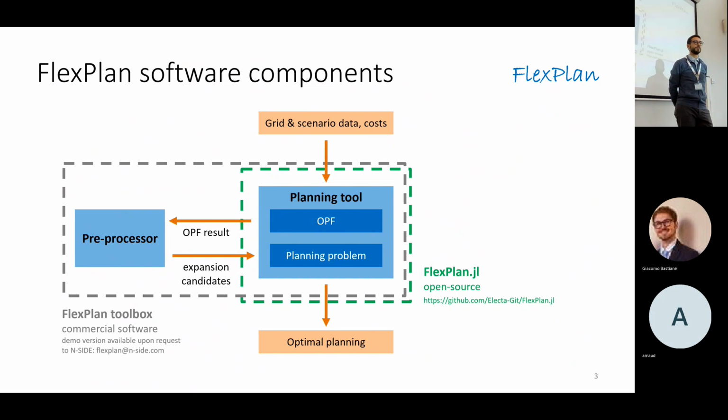The only element that is not relaxed, or only partially relaxed, is the storage. There is the possibility of considering, for instance, for pumped hydro storage, inflows from external rivers, and that variable is not relaxed.